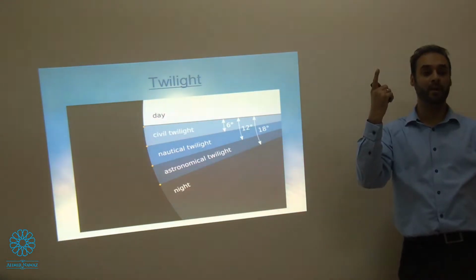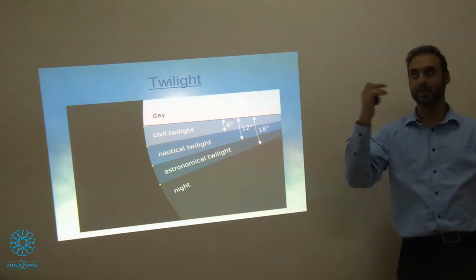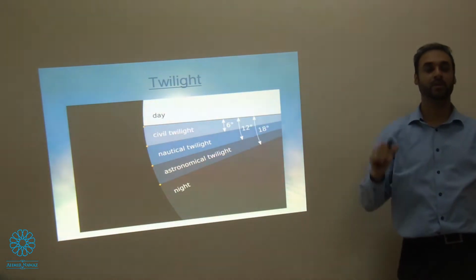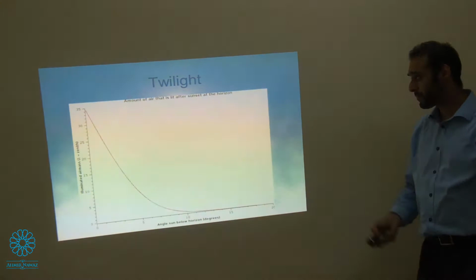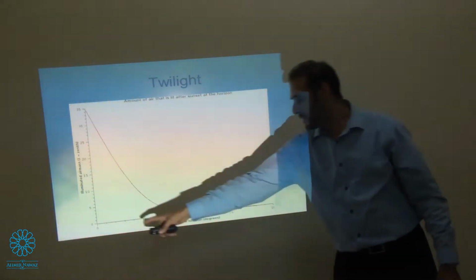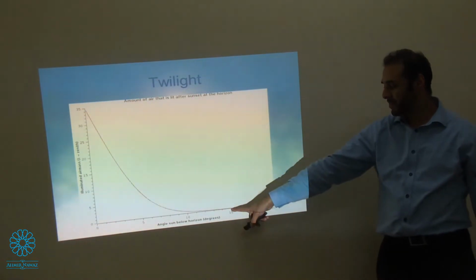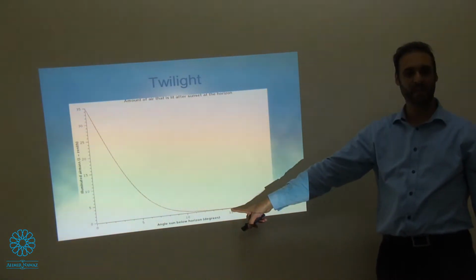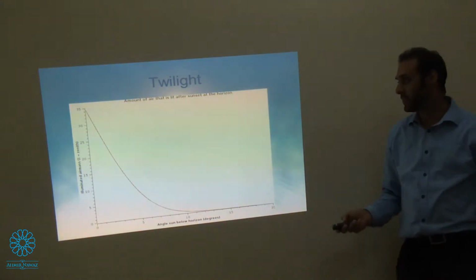So if you can't make them out and you are in a dark sky, then you know that it's not Fajr. And you've got to wait till you can see them clearly to know that it's Isha. Okay, so here's the angle of the sun from the horizon and the light levels. At 15 degrees it's more or less dark. And then you carry on to 18 degrees, and at 18 degrees it really gets dark.